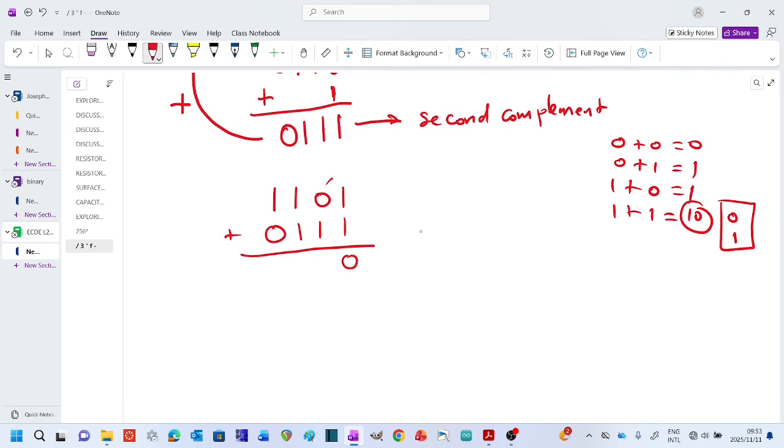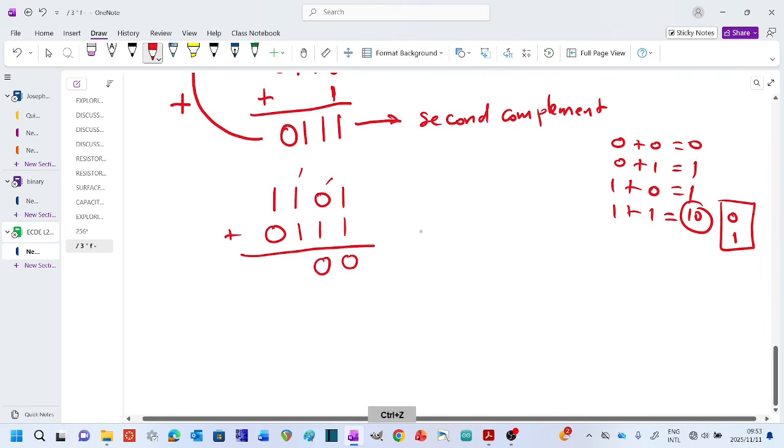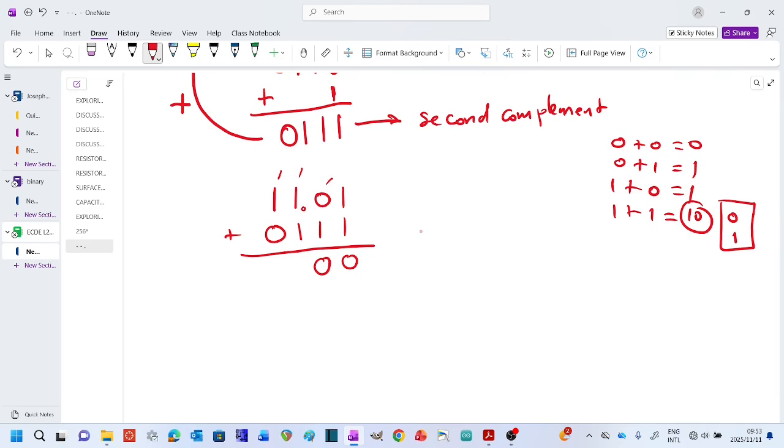And then 1 plus 0 is still 1. So 1 plus 1 here is 0, we carry 1 over. Now we have 3 1s following each other, so it's easier to first do the first two. 1 plus 1 is 0, but we carry already. Then we continue: 0 plus 1 is 1. And then here again, 1 plus 1 is 0, and we carry 1.